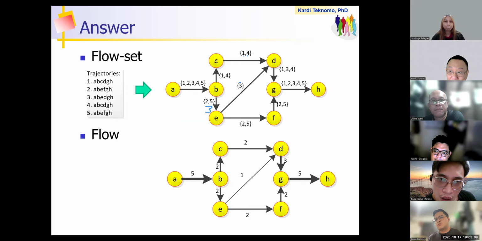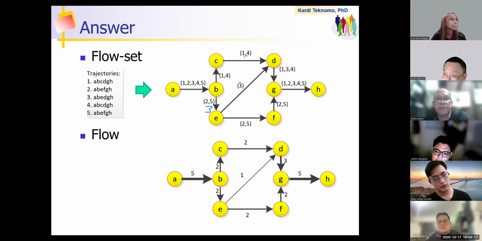How about this one, from C to F, is there any? Why none? Going out of C is 1, 4, going into F is 2, 5. There is no intersection, so you know there is no OD from C to F. So how about from B to D?